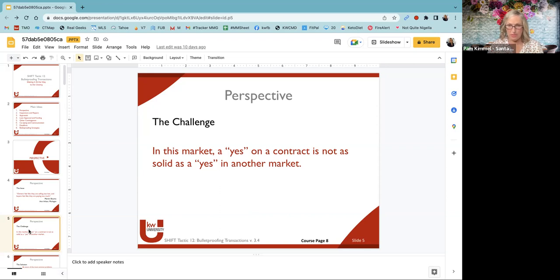That took away any opportunity to cancel your transaction. But I'm seeing more of that coming back. I'm seeing contingency periods, maybe not as much as 17 days, but we're still seeing them show up. And right now a yes seems more like a maybe.